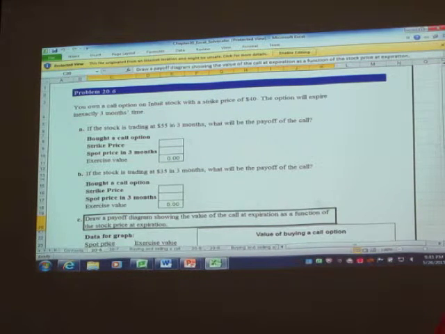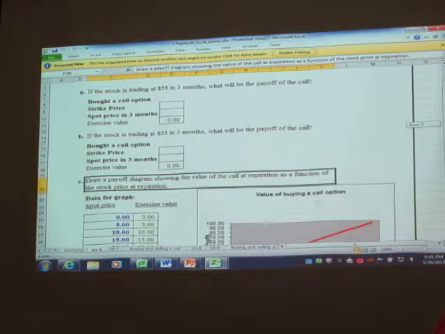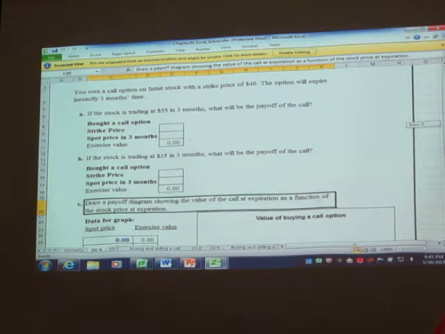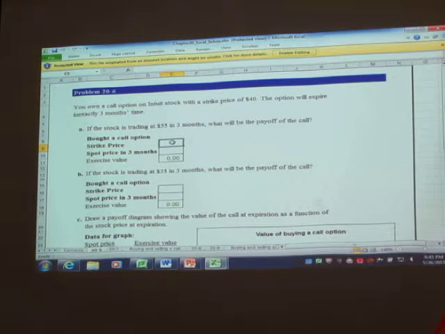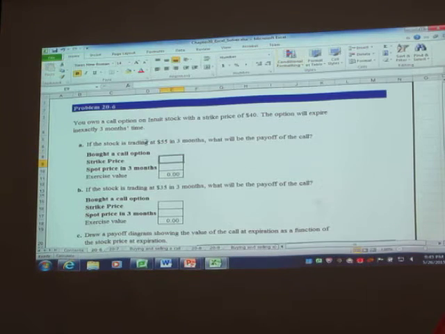Does that mean if the stock price rose by $5, the exercise value of the option will also increase by 5? So if I own a call with a strike price of $40, and the stock's trading at 55, that's what they call exercise value.